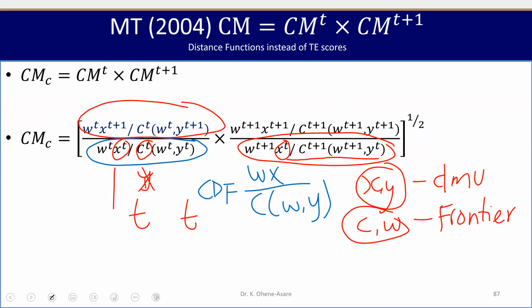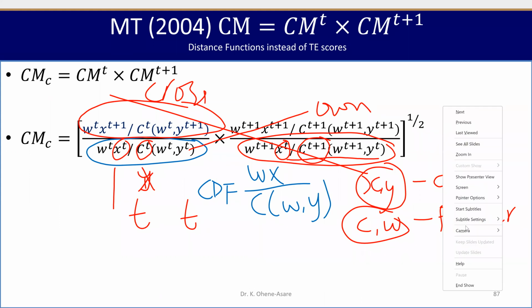Relative to the frontier in year T plus 1, she had this in mind. So that is how you define it. So here, there are two own period efficiencies, and then there are two cross period efficiencies. That is what makes up the cost Malmquist. You got to fully get it and then fully interpret.